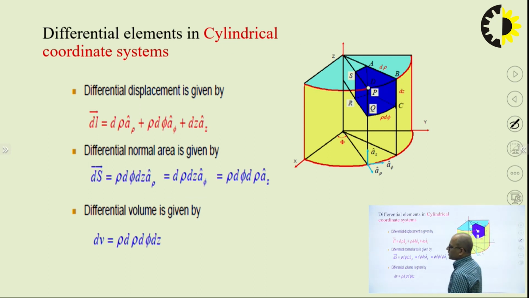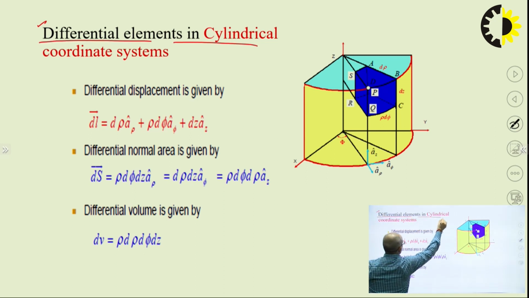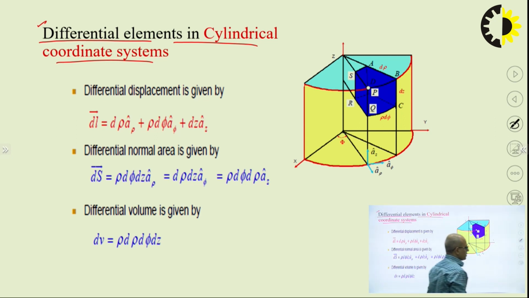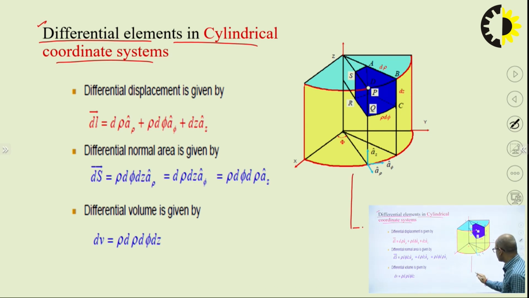Now next one is the differential element in cylindrical coordinate system. If I say differential element in cylindrical coordinate system, you will see that in the cylindrical coordinate system, sorry, if I take this is x, this is z, and this one is y.